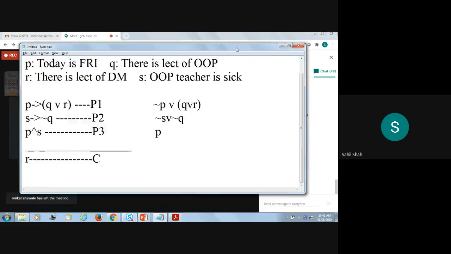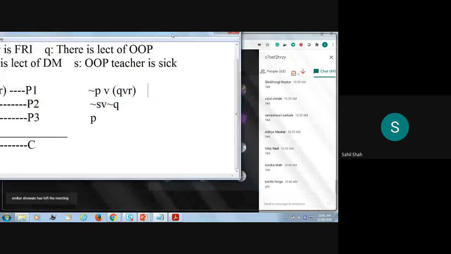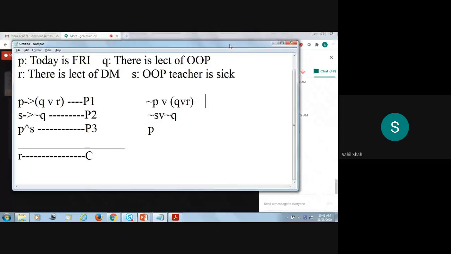Any replies in the chat window? How can we represent negation of P or Q or R? Q or R. Otherwise saying Q or R. Okay. How about this? We are having one law. Which is that law?